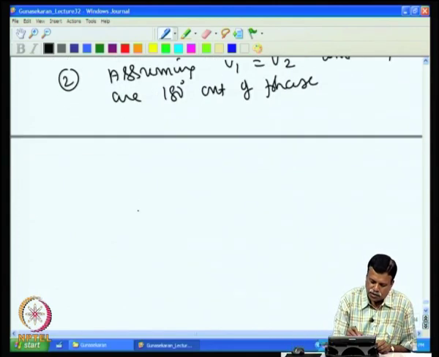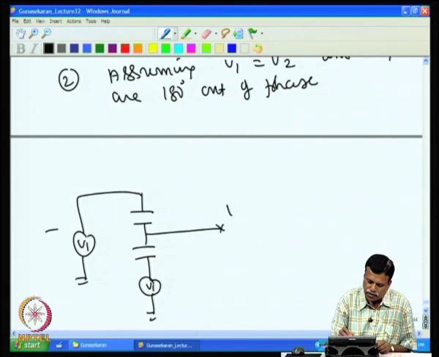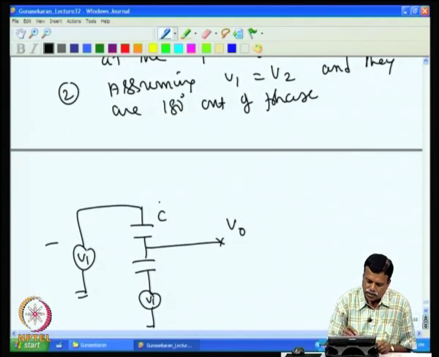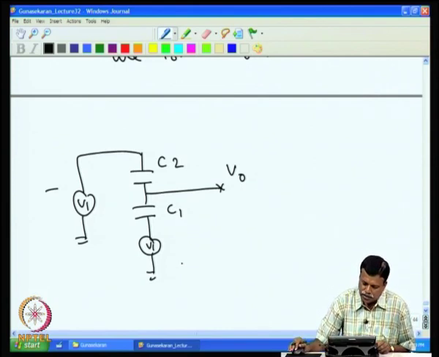The equivalent circuit becomes like this: two capacitors C2 and C1, one with V1 and another with minus V1, and here is the voltage V0. So, we have to find out what the voltage V0 is.